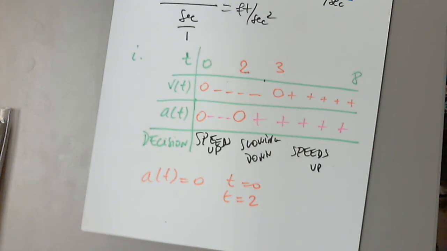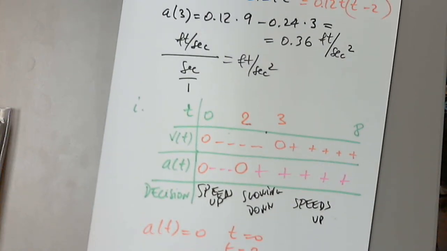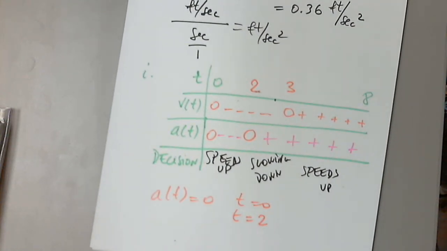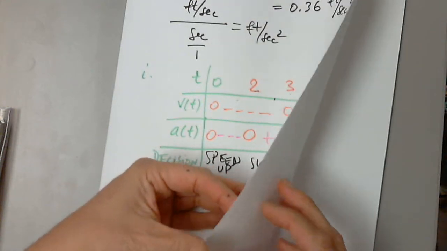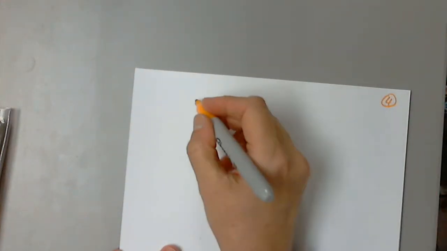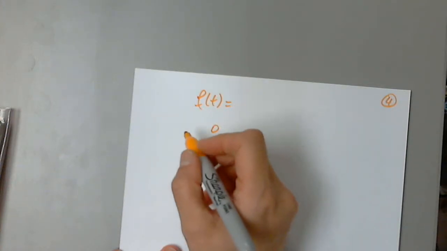Yes, please. I have a problem with a trig function. You're talking about number 3. When a particle moves according to a law of motion s equals f of t, 0 less than or equal to t less than or equal to 8.